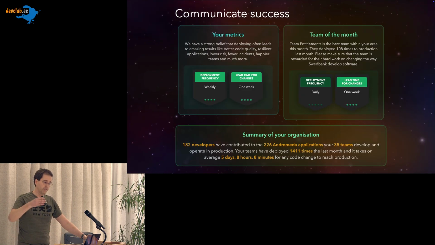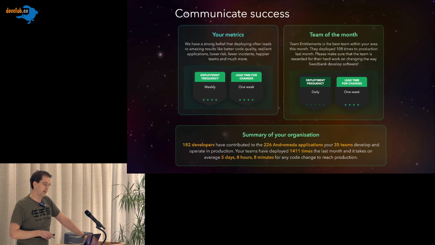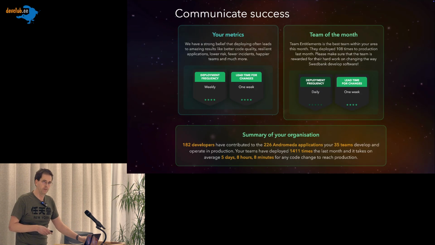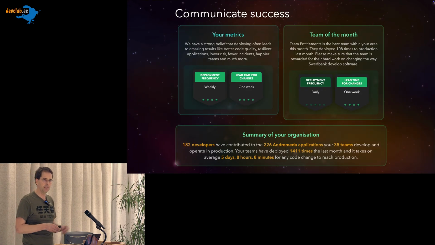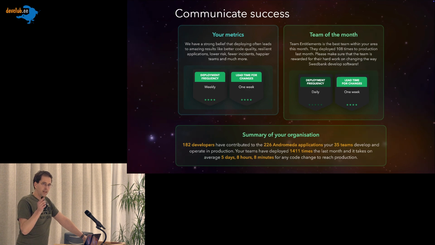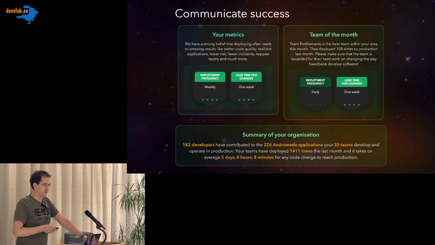And we also summarize on the organization, very, very high up. So this was actually, I think, from the channel organization. So 102 developers, 226 applications, 35 teams. But the fun part here, it takes on average 5 days, 8 hours, 8 minutes to deploy code changes to production.